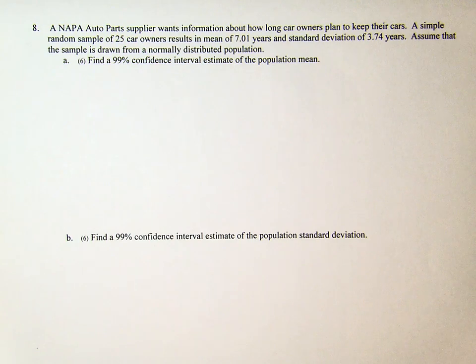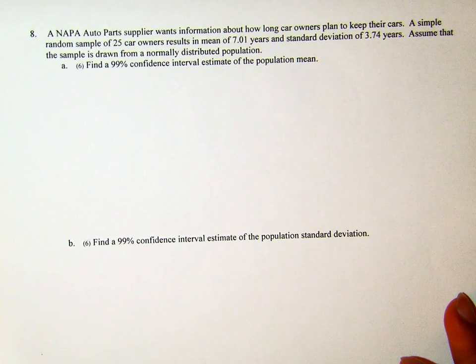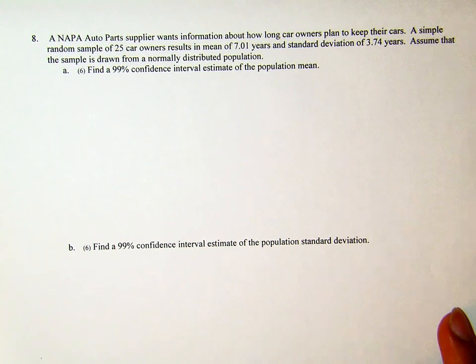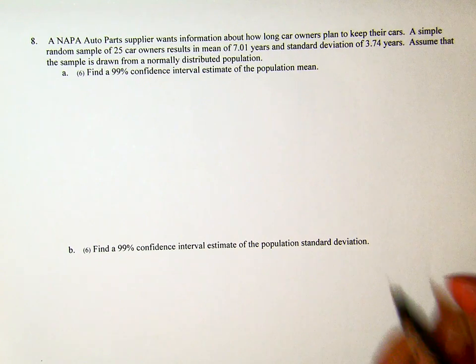An NAPA auto parts supplier wants information about how long car owners plan to keep their cars. A simple random sample of 25 car owners results in a mean of 7.01 years.